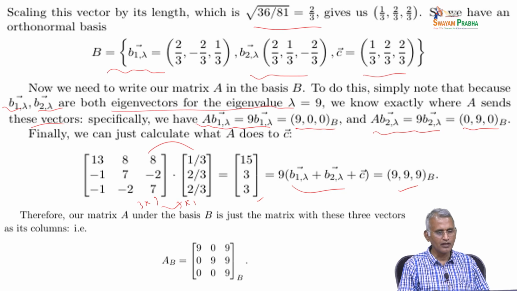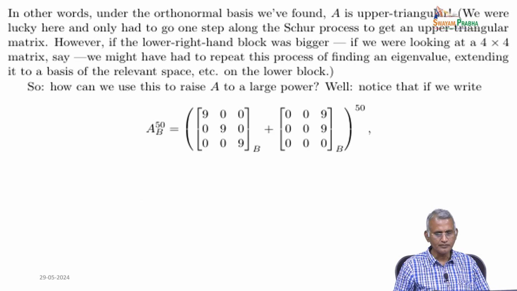Therefore, our matrix A in this basis has a diagonal of 9, 9, 9, and the entries 0, 9, 9 written in the form of A B. So, in other words, under the orthonormal basis we have found that A is upper triangular, and the Schur process gives us an upper triangular matrix, where the lower right block was bigger.